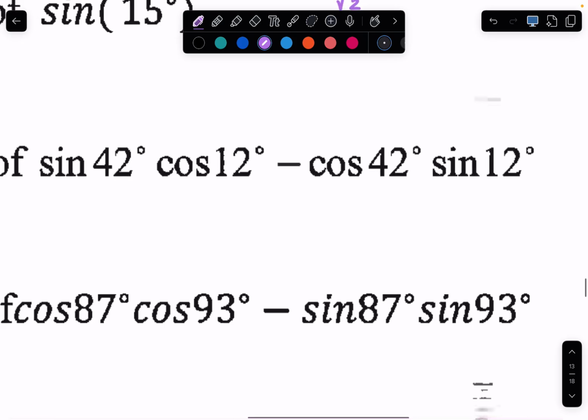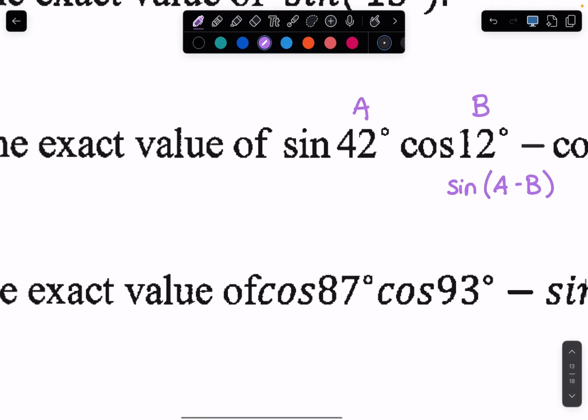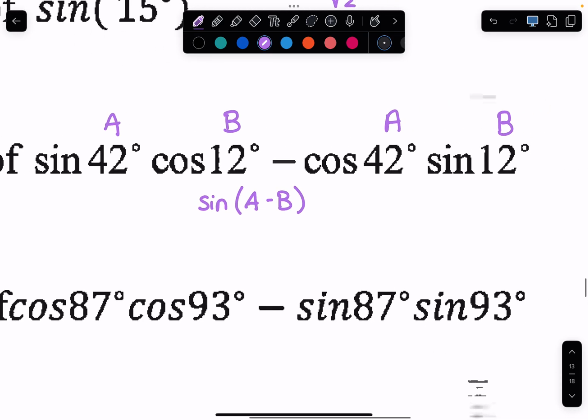Okay, this one is backwards, so I'm going to give you one that's backwards. This is sine A times cosine B minus cosine A sine B. You're going to look on the right-hand side of the equal sign on your sheet, that hopefully you have in front of you because I don't have it up here. It's going to be sine A minus B. Everybody understand that this is sine A minus B, going from right to left on your sheet?